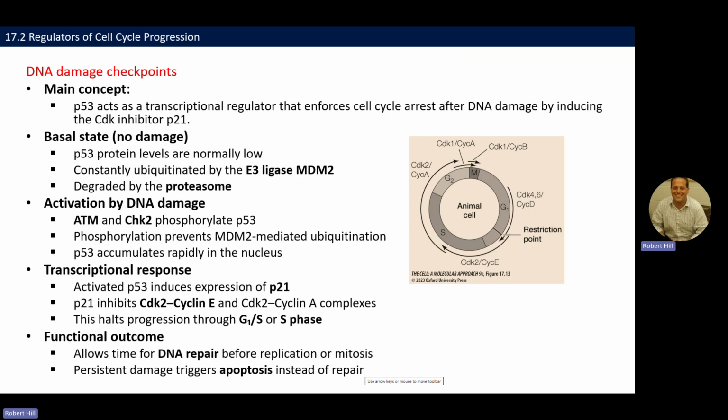And this is very important to eliminate potentially cancerous cells. P53 mutations are found in many, many cancers. And its involvement in both cell cycle arrest and apoptosis is what truly makes P53 the guardian of the genome.